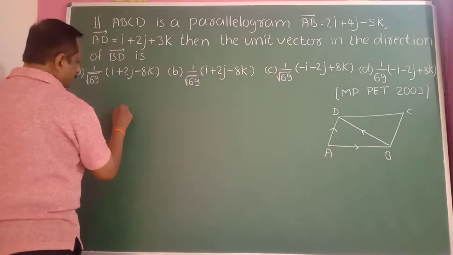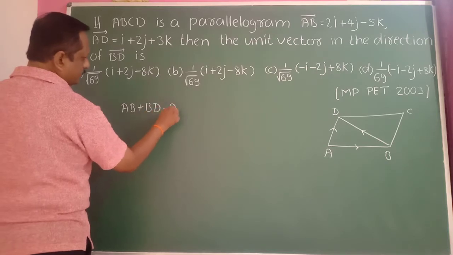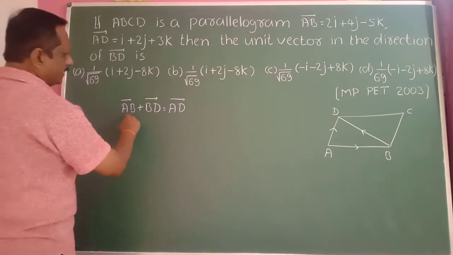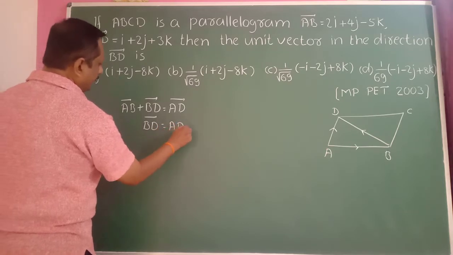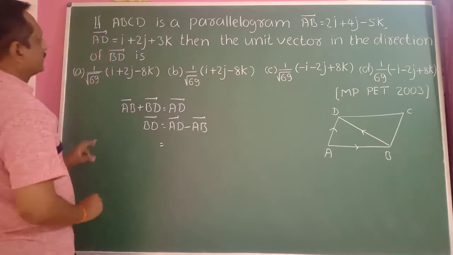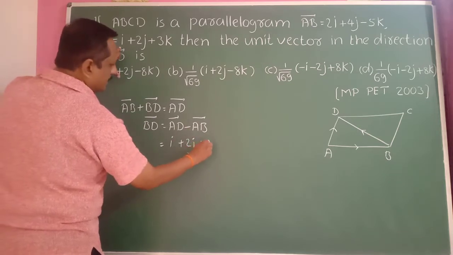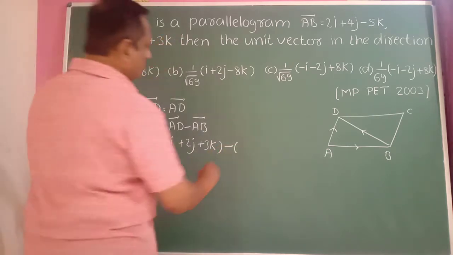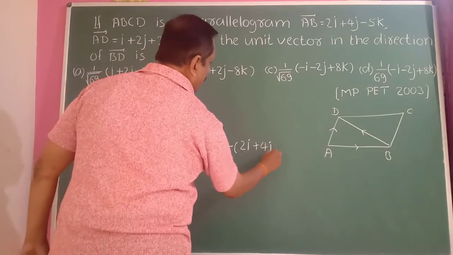Taking vector AB to the right-hand side, BD is equal to AD minus AB. This equals vector AD, which is i plus 2j plus 3k, minus AB, which is 2i plus 4j minus 5k.